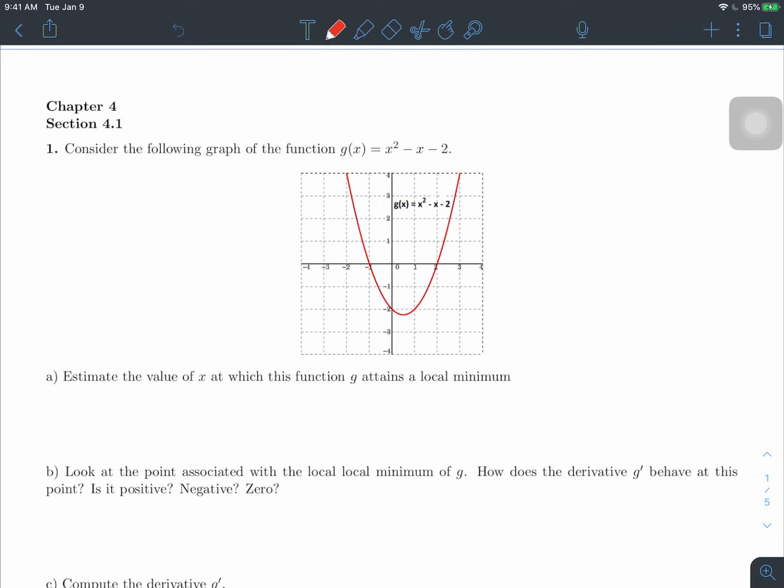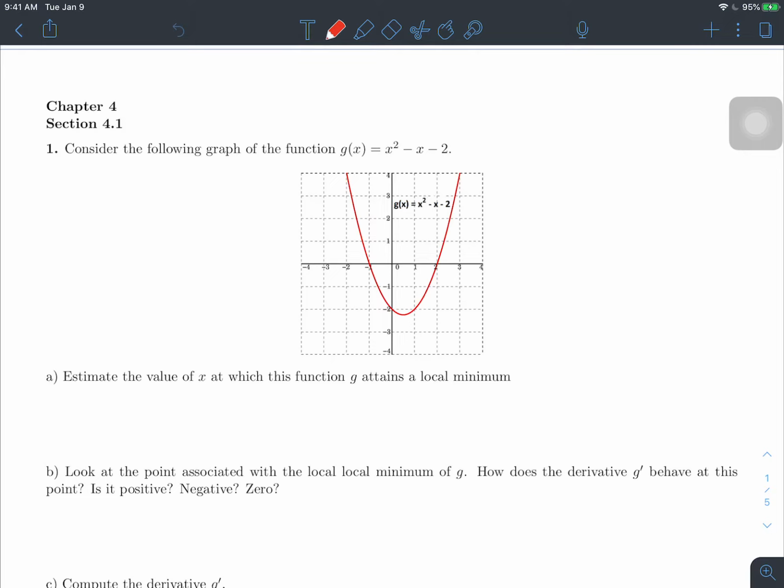Well, I guess two. One is marginal cost, marginal revenue, and marginal profit, which are the derivatives of the cost, revenue, and profit functions. Another application was the tangent line approximation. If we know the derivative, we can find the equation of the tangent line and use that to approximate our function.